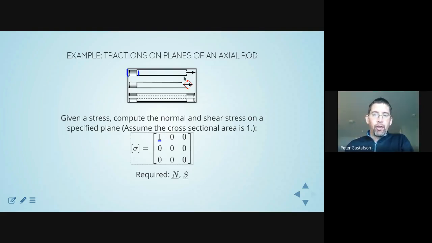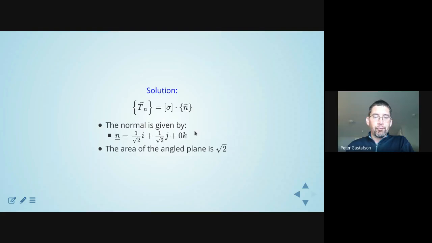Now we're actually doing the computation for the second one. For the second one, we need to ask ourselves, what's the normal and shear component, n and s, for this imaginary cut? In order to do that, again, we need to define the normal vector associated with that plane. Because I've cut the plane at 45 degrees, the normal vector is going to have a component in the x direction, and a component in the y direction.